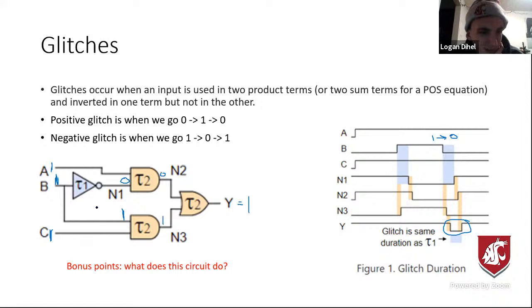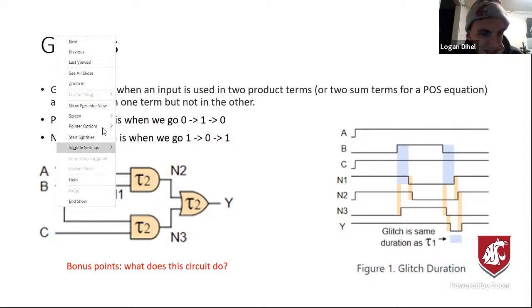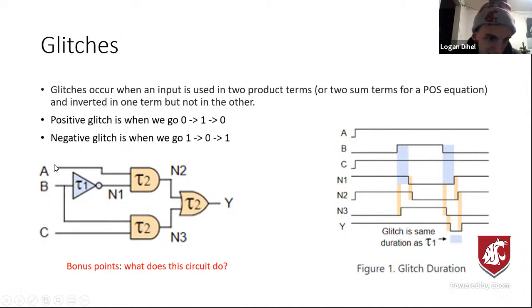But then let's imagine that B changes. So let's say B immediately goes to a 0 right here. So we're at this point right here. What's going to happen is that this is immediately going to be updated to a 0, and then that 0 is going to get propagated out to here.